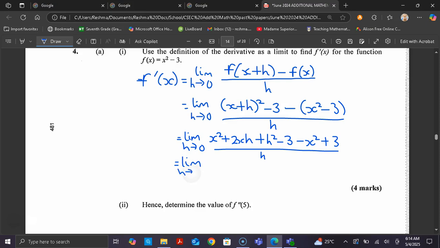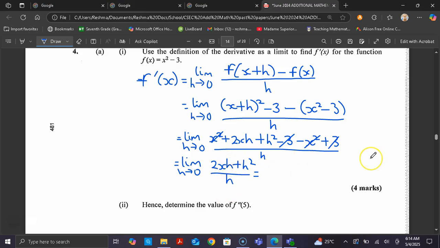So simplifying the numerator, x squared cancels, the 3s cancel, and we end up with 2xh plus h squared, over h. Of course, we can divide both terms by h, because if we factorize h from the numerator, it will cancel with the h in the denominator.